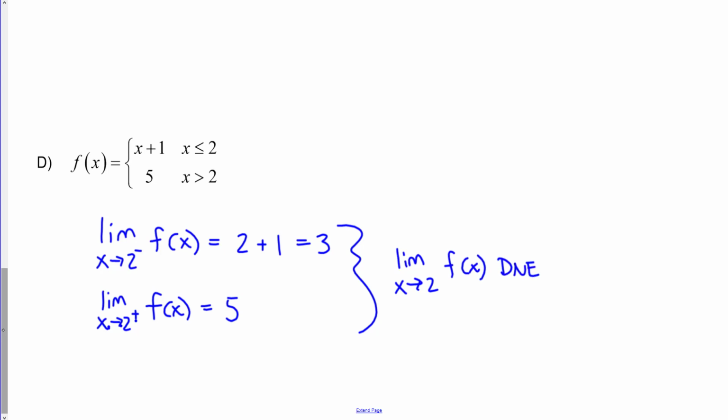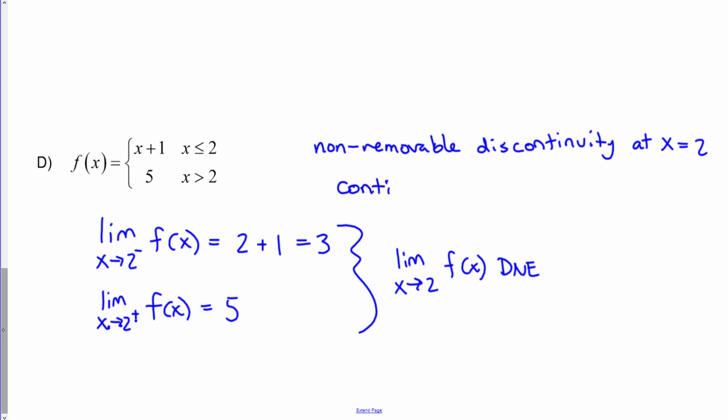So we have a non-removable discontinuity at x equals 2, and therefore we are continuous on the interval from negative infinity to 2, and then from 2 to positive infinity. But I'm not including the 2 on either side.